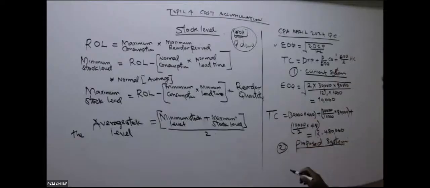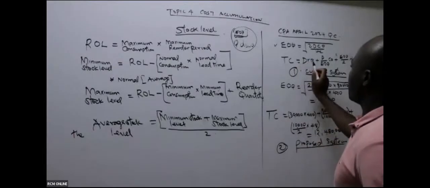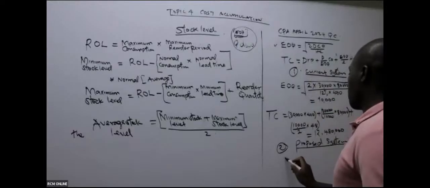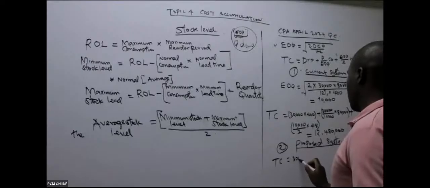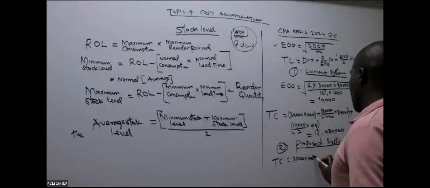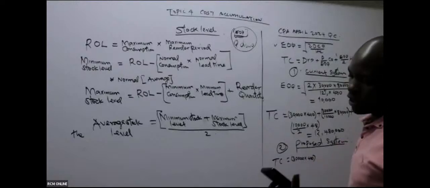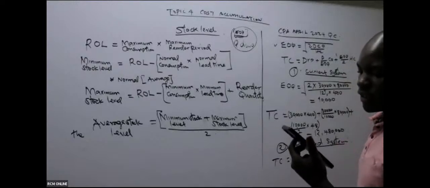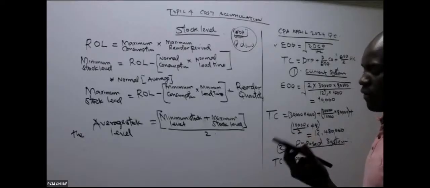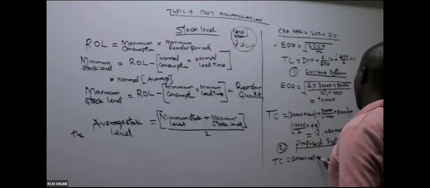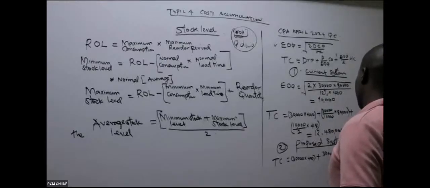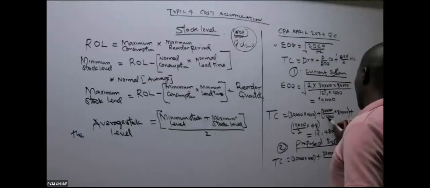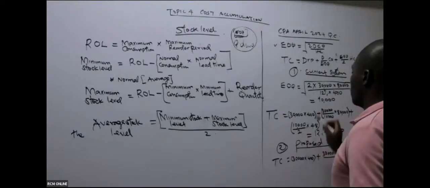So let's come and pick it here. It will be demand times purchase price. Demand does not change. It is still 30,000 times purchase price, which now can change. But as per our question, purchase price under the proposed system is still 400 shillings, right? Then plus demand 30,000 divided by order quantity.